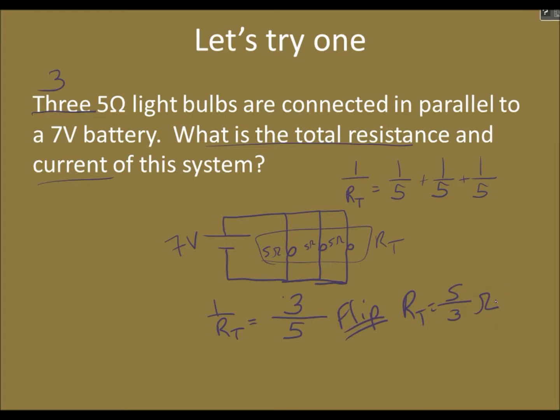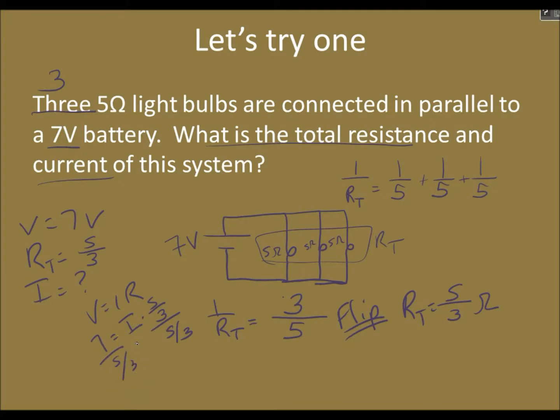So now we can do our problem. Here's my voltage. My total resistance is 5/3, and I'm looking for a current. So here we go. V equals IR. 7 equals I times 5/3. So we're going to divide by 5/3.